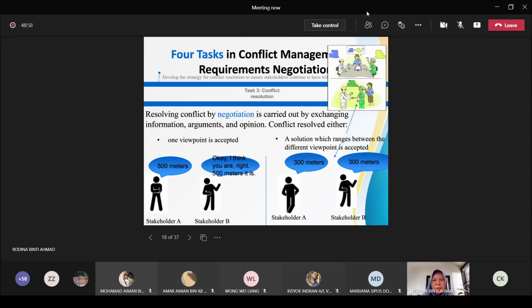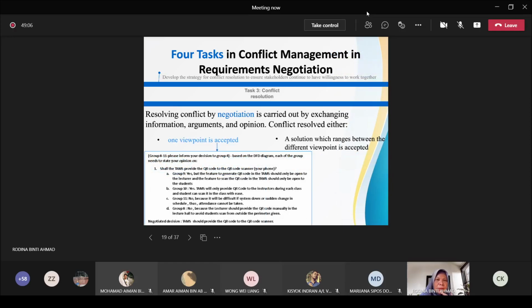For example, in between would be 300 or 400, so that is a kind of negotiation that can be performed. All right, so resolving conflict by negotiation is carried out by exchanging information, arguments, and opinions. This can be resolved if both stakeholders are able to accept the differences provided in the ranges. All right.